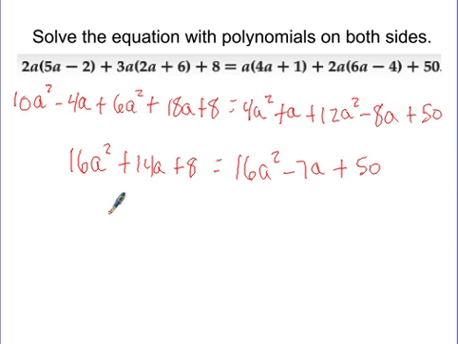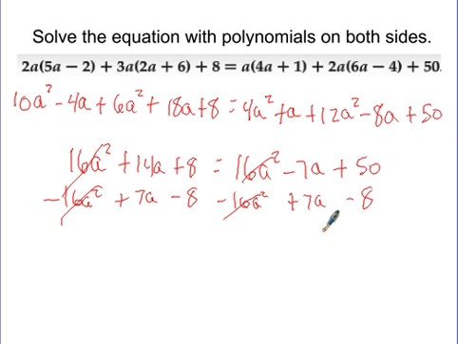All right, now we can solve. So subtract 16a squared from both sides. And those cancel out, right? I'm going to add 7a to both sides and subtract 8 from both sides. So that would be 21a equals 42. Divide by 21, so a equals 2.